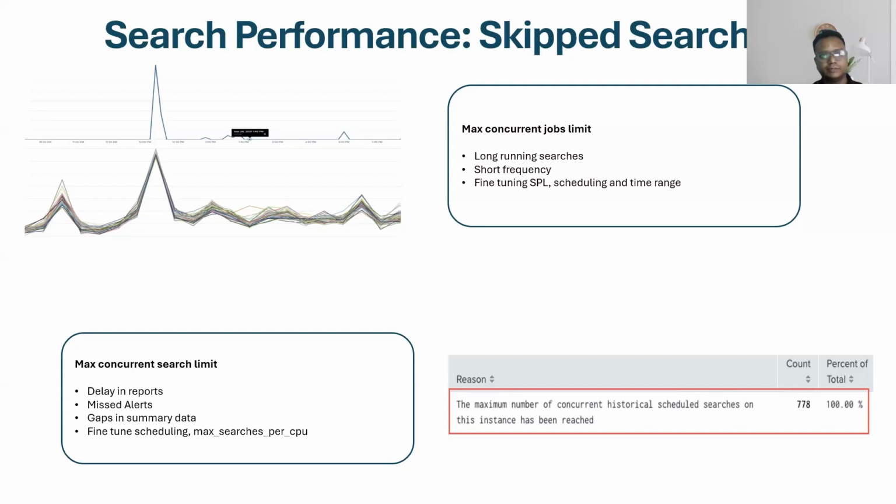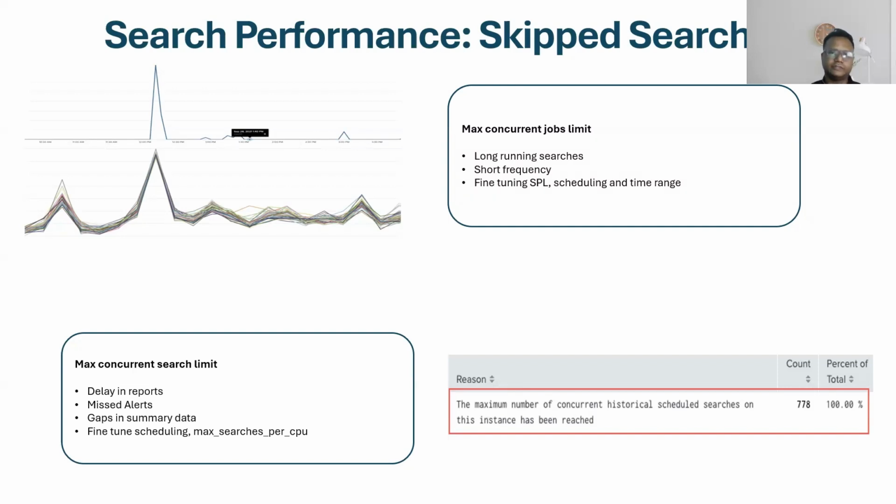The remaining 5 will be skipped, because my limit has been exceeded. It is doing its best because we have set the limit. If the searches are skipped, we miss potential alerts, and definitely we miss reports, right?